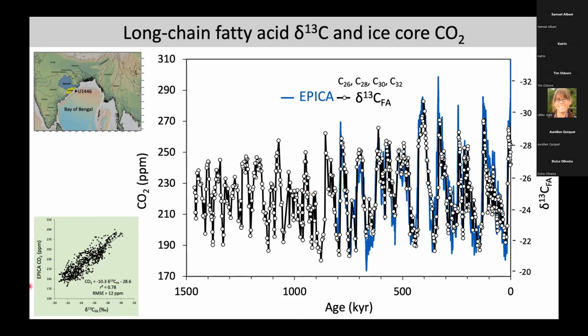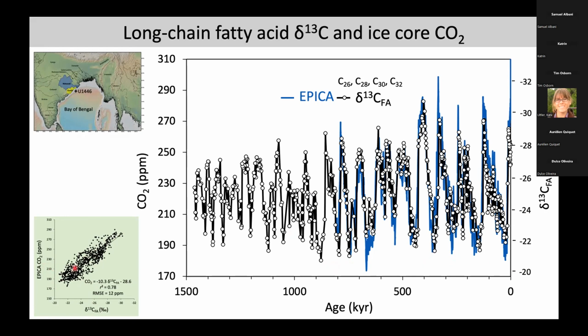We made the plot between the leaf wax carbon isotopes and EPICA CO2 concentration. You will see a very good correlation between the two parameters. This good correlation was obtained for this interval during the last 800,000 years.